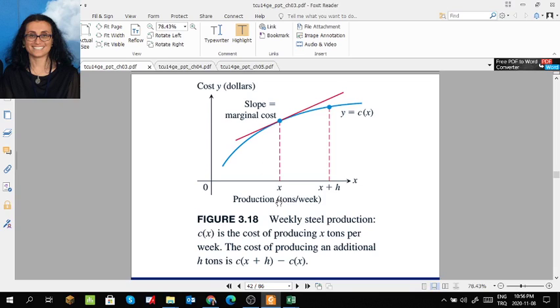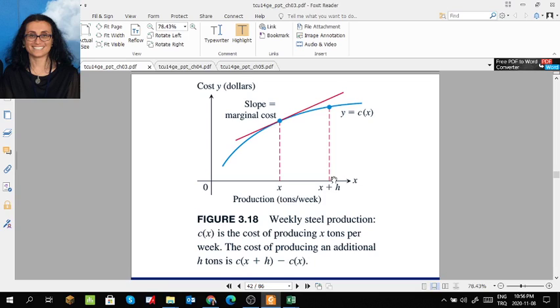How much does it cost to produce that amount of steel? Okay, so C(x) is the cost of producing x tons per week. The cost of producing an additional h tons is C(x+h) minus C(x).